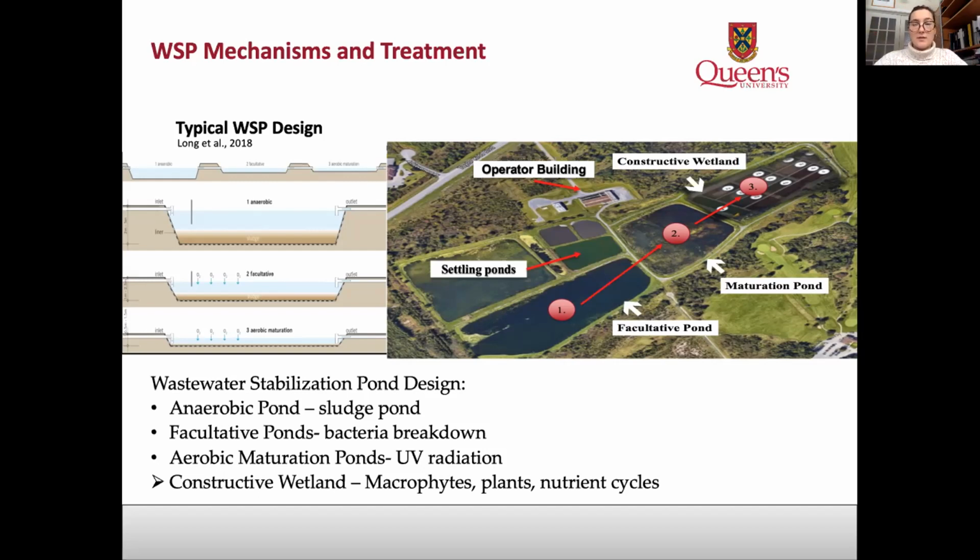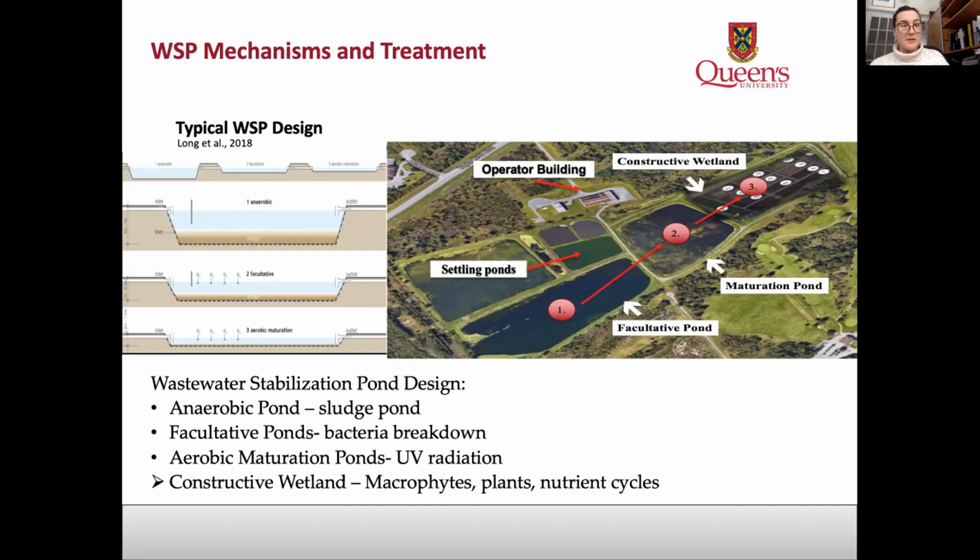And so this is the first pond. You can see the facultative pond, the maturation pond, and thirdly, which is the newest addition to this wastewater treatment system, the constructed wetland, which is a series of cells with natural native macrophyte species from the area that further break down the wastewater.